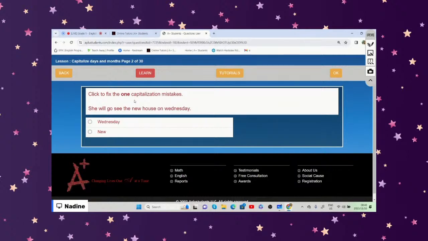Is it Wednesday or is it new? And if we select the capitalization mistake, we will say it is Wednesday. And Wednesday we write with a capital letter.